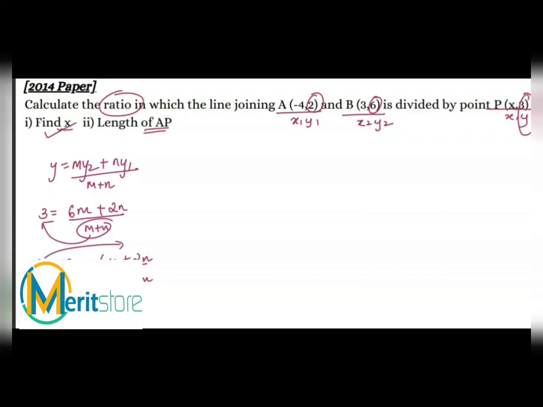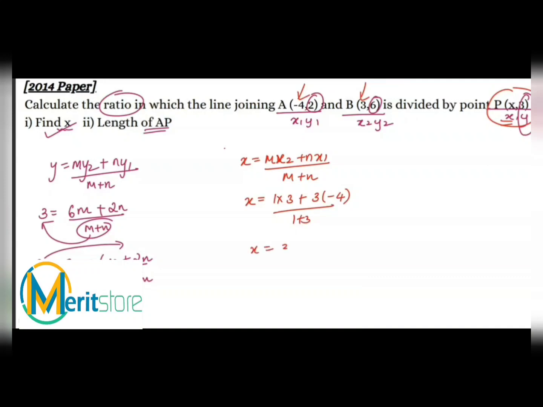Using this, we're going to find the coordinate of P, the x coordinate which is missing. So x is equal to (m x2 plus n x1) upon (m plus n). We leave x as x. m is 1, so 1 into x2 is 3 here, plus n is 3, and x1 is minus 4, and 1 plus 3.